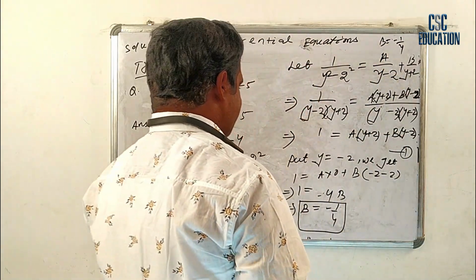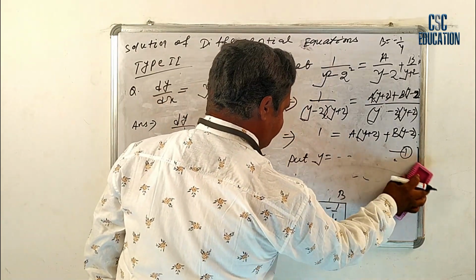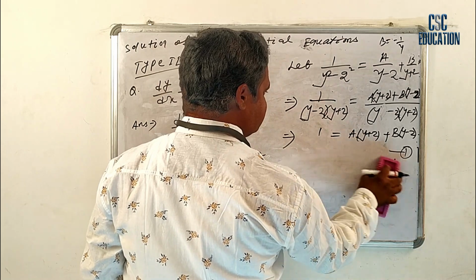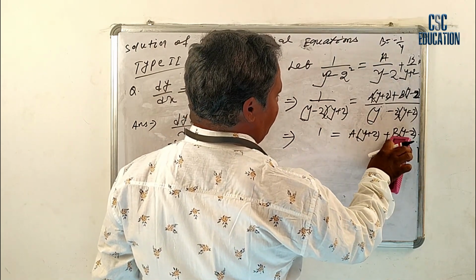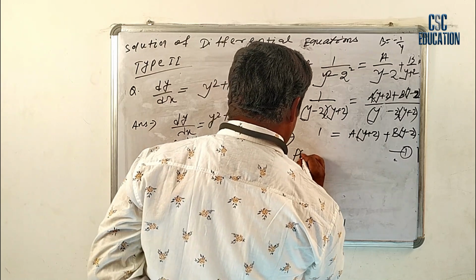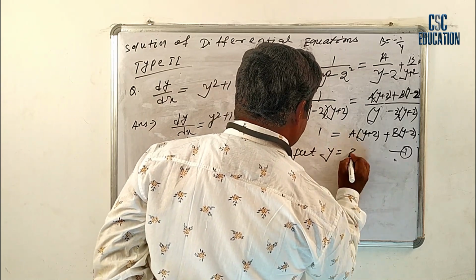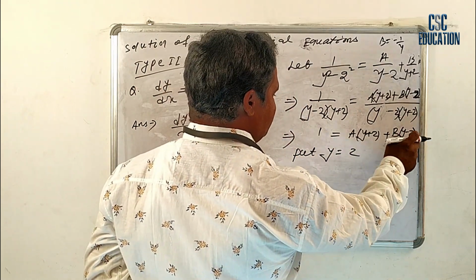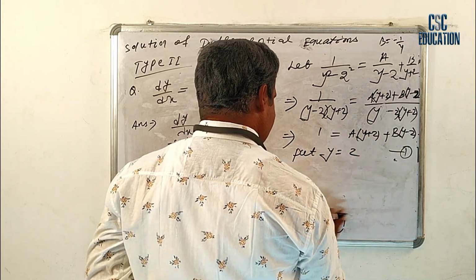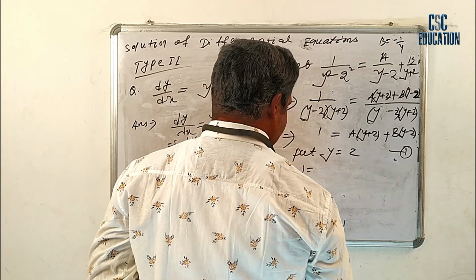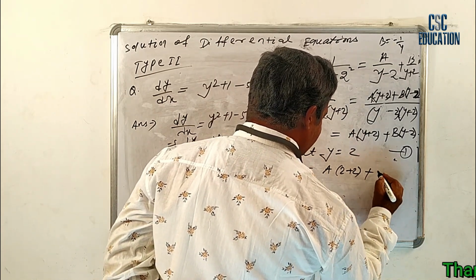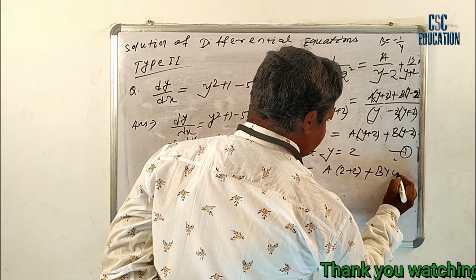Okay, alright. Again, for the other part, put y equals 2, because the factor with b is y minus 2. So 1 equals a into 2 plus 2 plus b into 0.